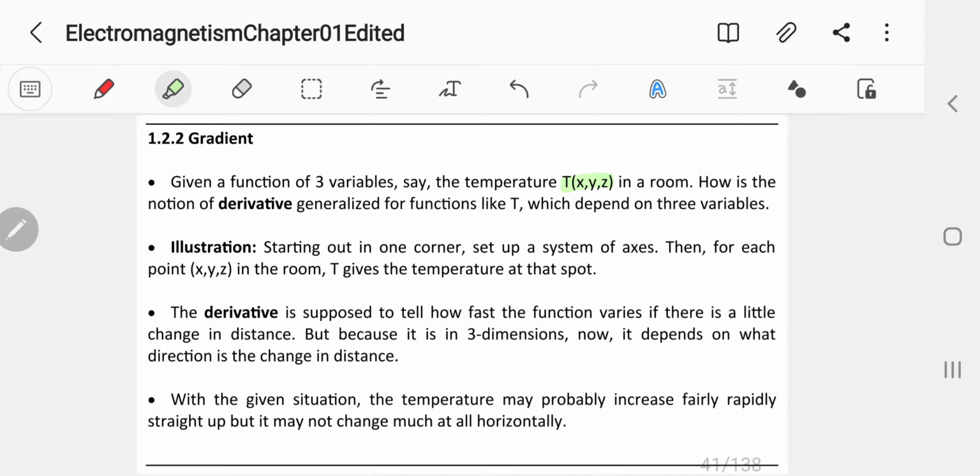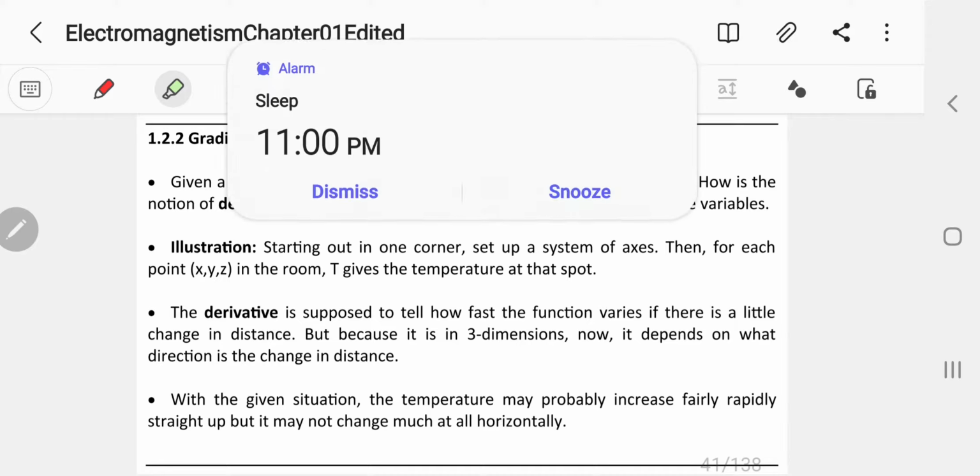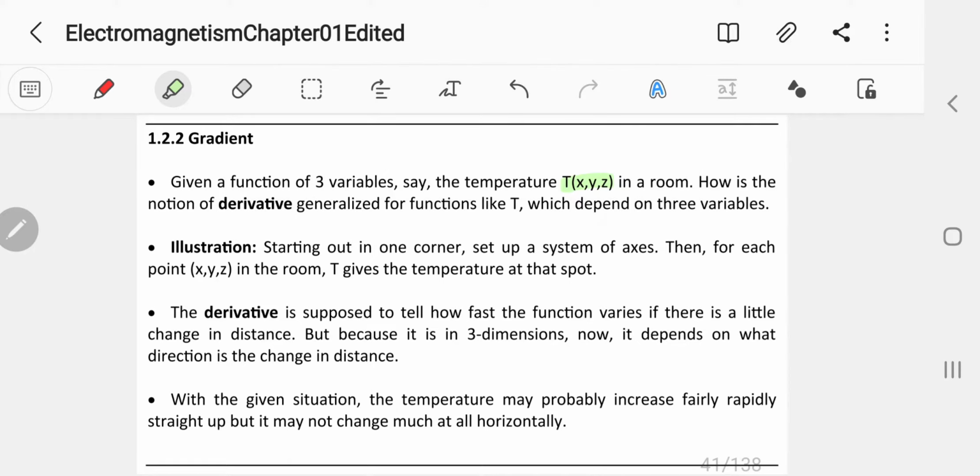So any point in the room would have a different temperature, and the temperature would be dependent on the position. If you're far away from the air conditioning system, then of course the temperature there would be higher compared to when you are very near to the air conditioning system.